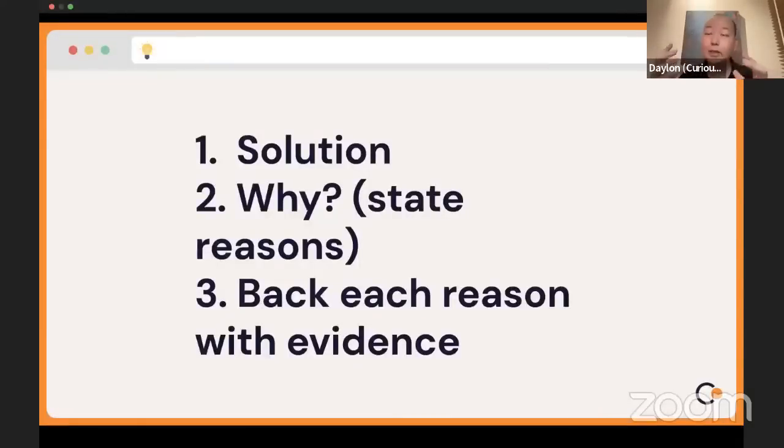What are the reasons, what are the insights that informed you to craft that solution as such? And then based on each of these insights, you need to explain further and present the necessary evidence: what is going on and how does it help back your solution?